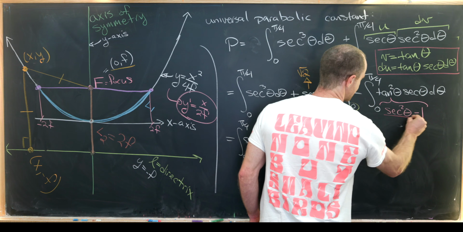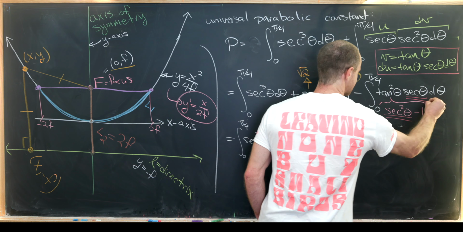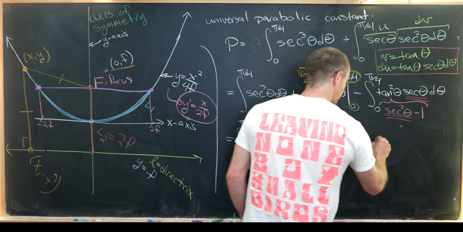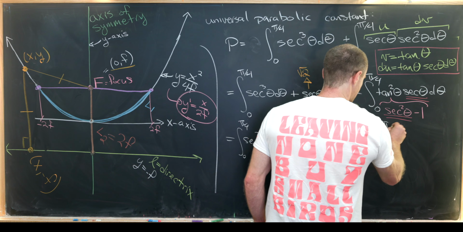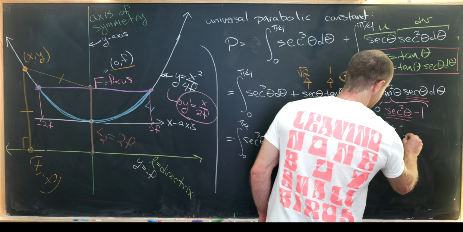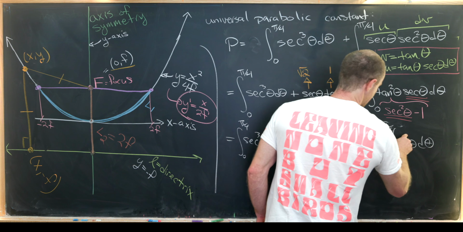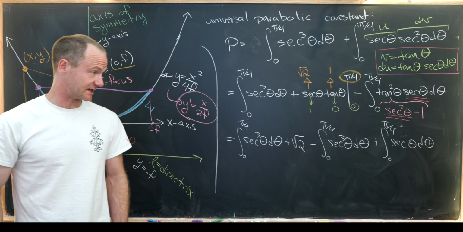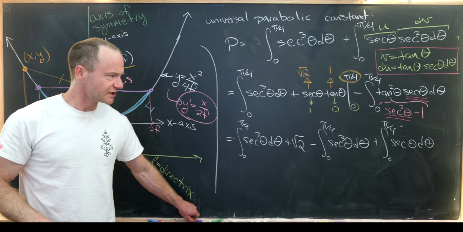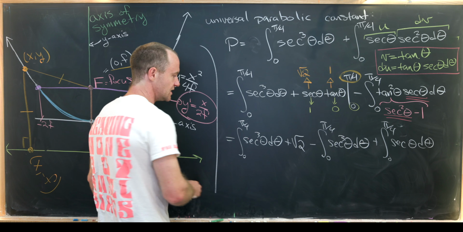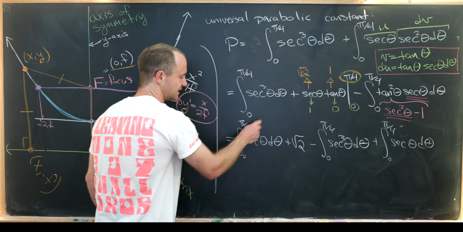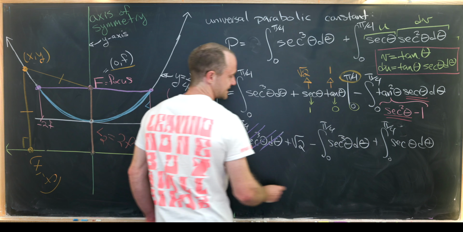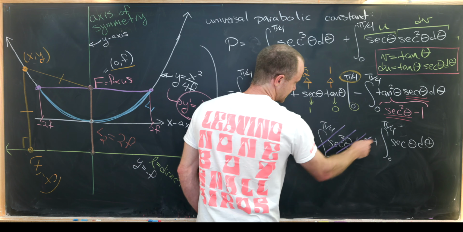That comes from this secant squared times this secant, and then plus the integral from 0 to pi over 4 of secant theta d theta. That comes from this minus sign, this minus 1, and then that secant theta. Now here's where the magic starts to happen. So notice this secant cubed and this secant cubed will cancel. They're attached to opposite signs.